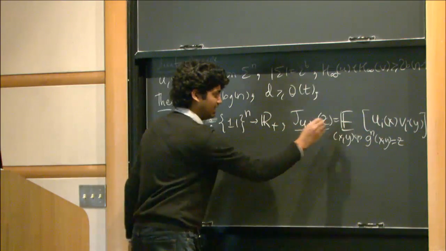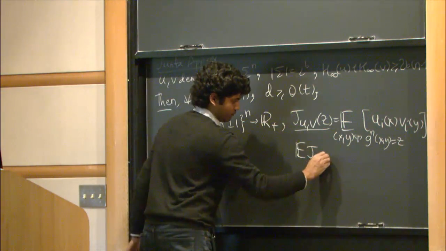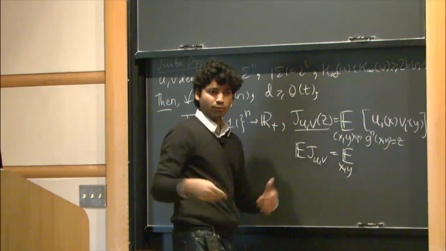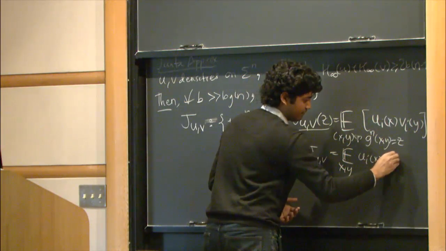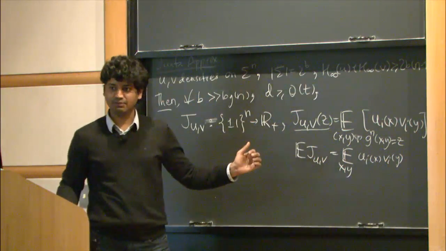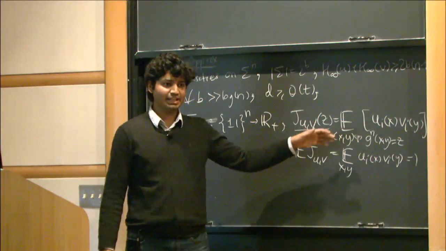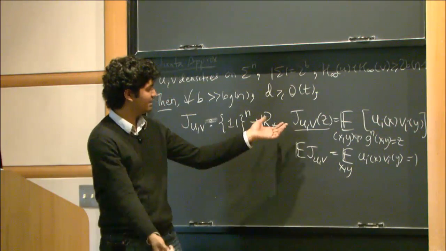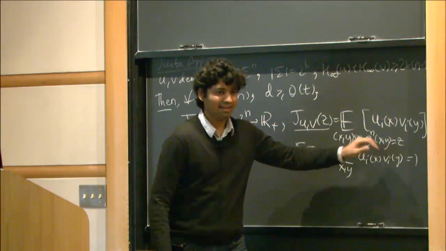If I take the expectation of juv, then it is the expectation over all possible xy uniformly drawn from their domains of ui x vi y, and since ui and vi were densities, this is just 1, right? So in other words, j is a non-negative function with expectation 1. In other words, j is a density. In fact, it is the density of the random variable g to the n of xy.